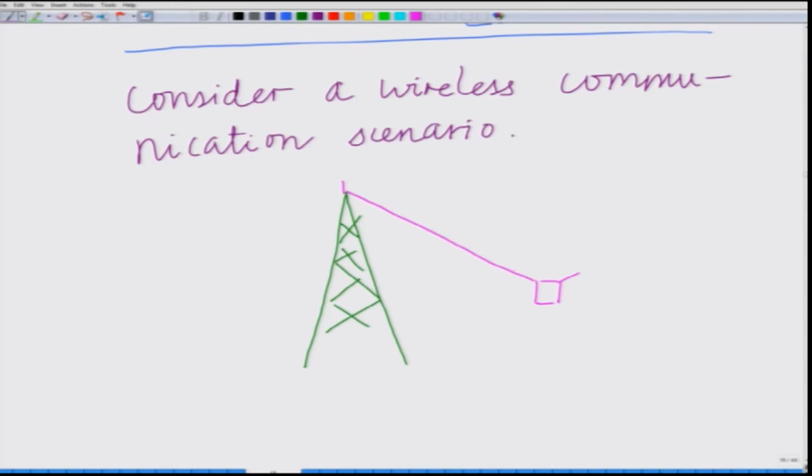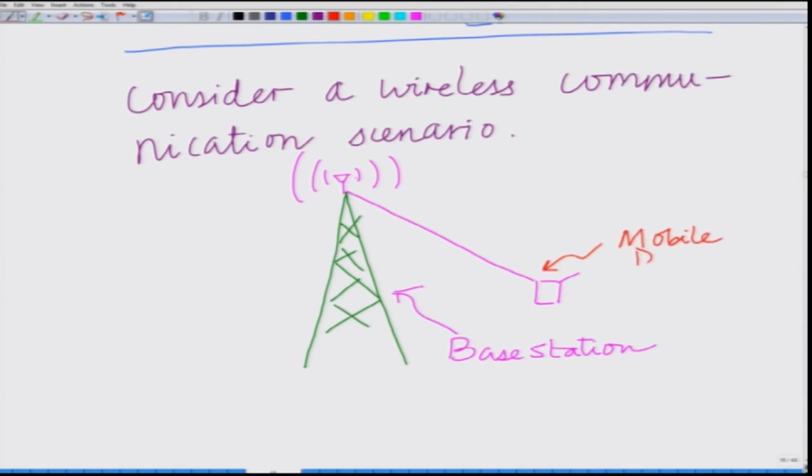So I have a base station with an antenna which is transmitting. This is my base station, which is transmitting to the mobile or wireless device, your mobile device, over the radio channel.